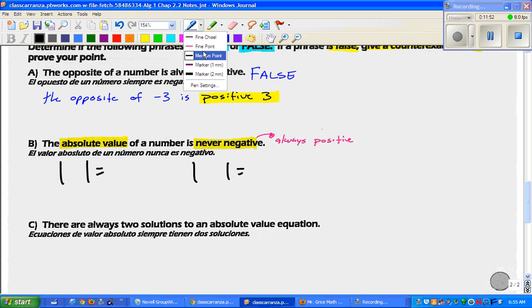If we had the absolute value of 5, it gives you 5. The absolute value of -5 is 5. Okay? So right here, those examples are always saying that this is true. Okay? And once again, this is saying the absolute value, not the opposite of the absolute value. You can't change what the problem is saying.